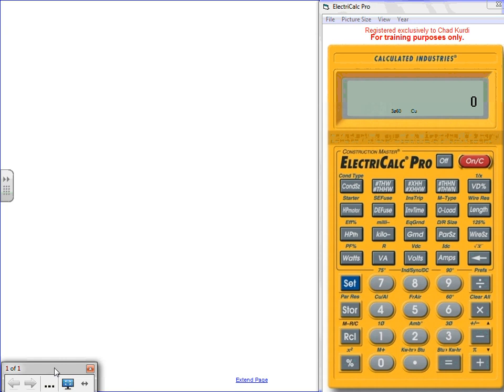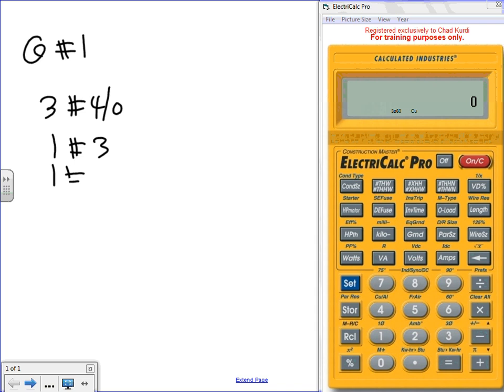Okay, very sneaky. Here's question number one. So I need to size the conduits. You guys have the information in front of you: 3 conductors 4-aught, 1 conductor number 3 and 1 conductor number 4. All of them are THHN, right? So let's go ahead and do that.